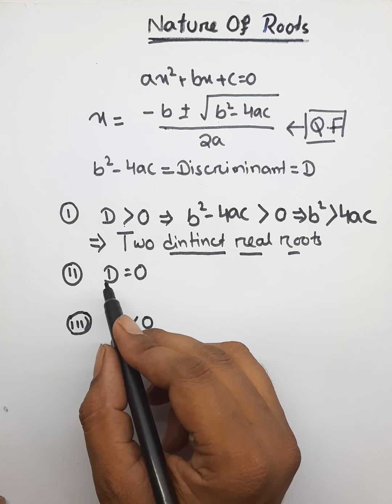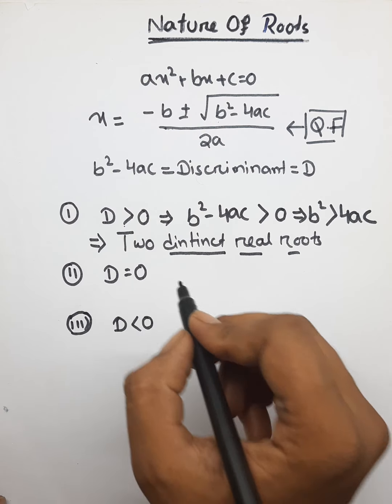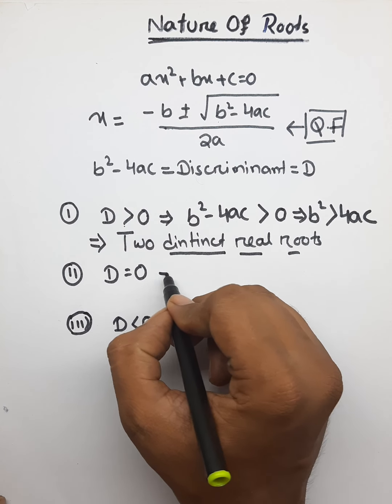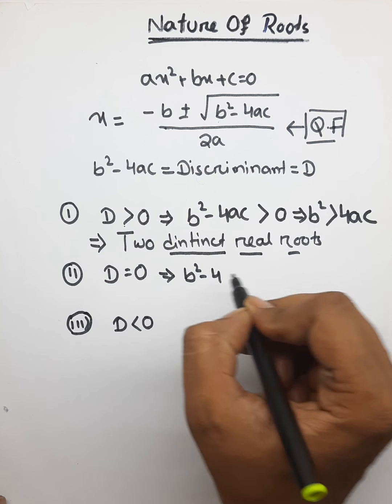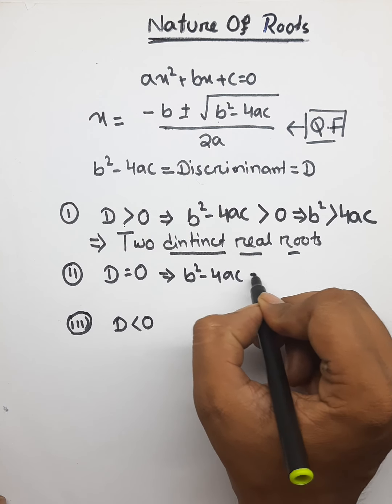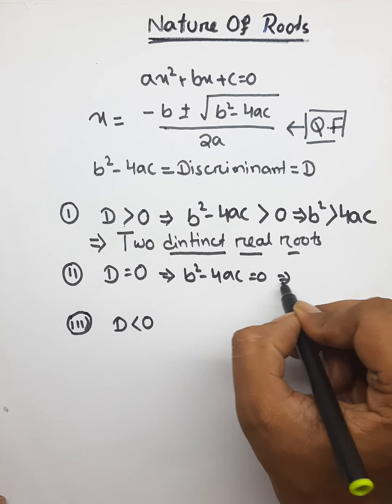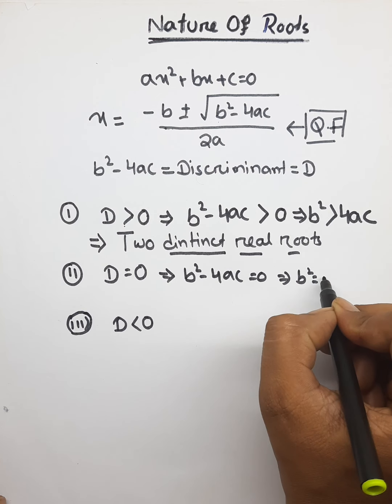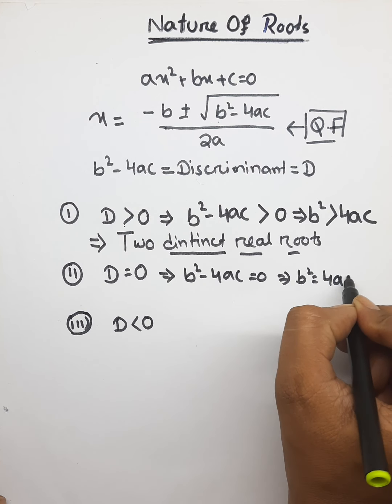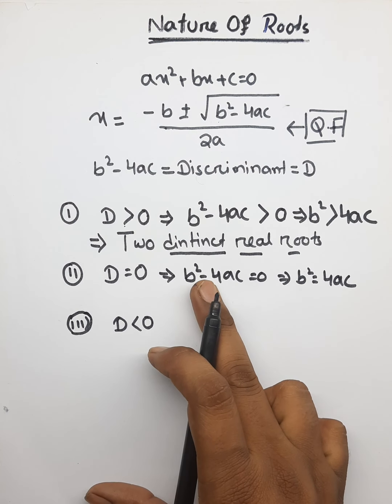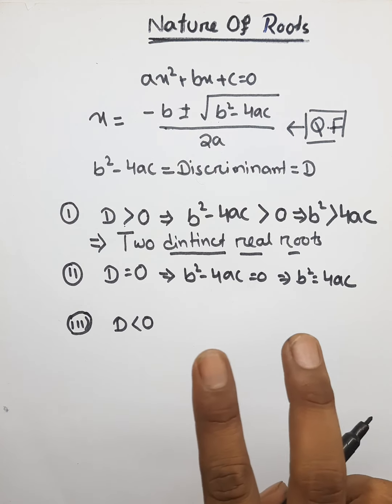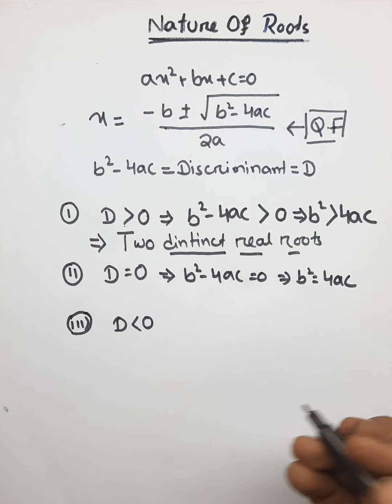Suppose D is equal to 0. Then b² - 4ac is 0, so b² is equal to 4ac. In this case we also get two real roots, but they are equal.